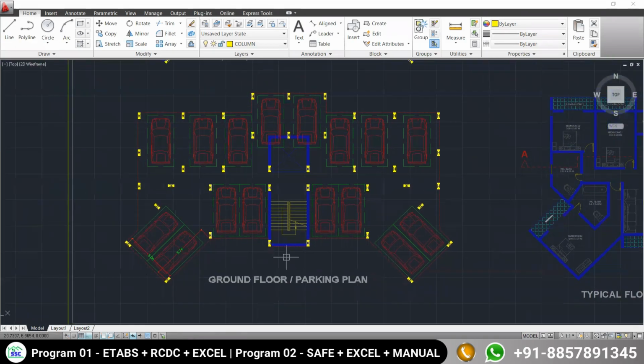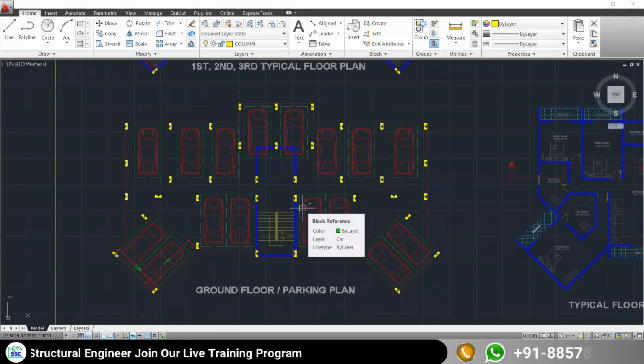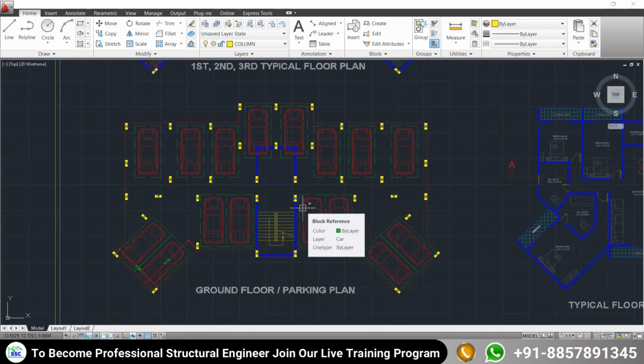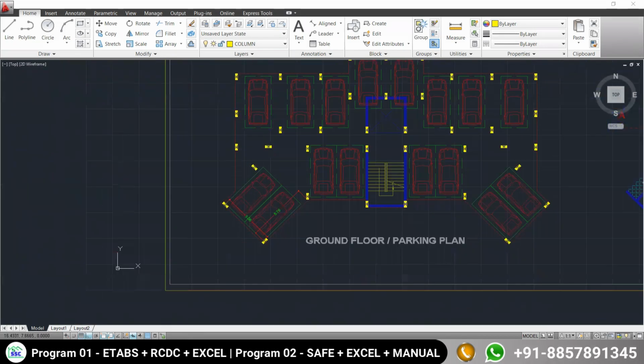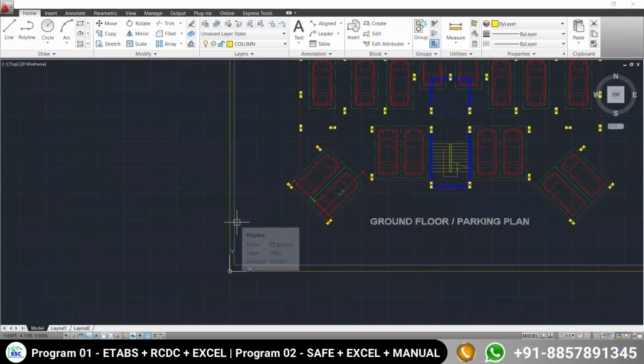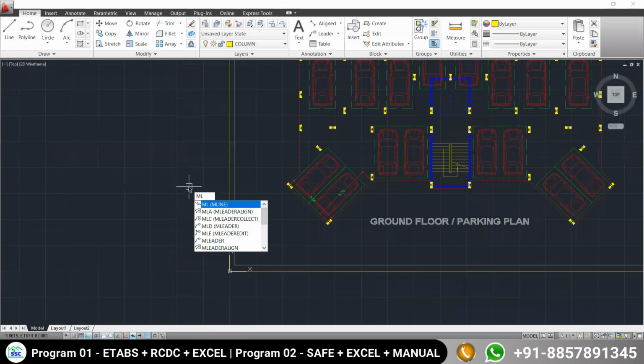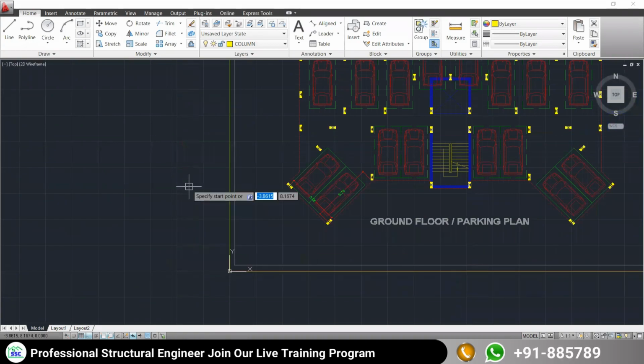Now, at this ground level, we have to provide the beams just for the purpose of providing lateral support to all the columns or to break the height of your column. Good. Now, next, let's take the beam. How to draw the beam? Press ML enter, multi-line.